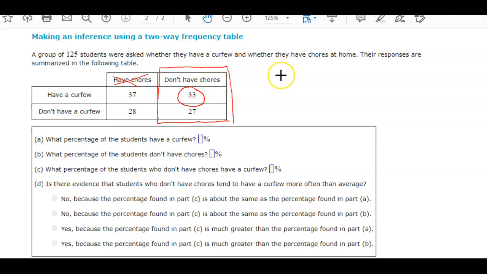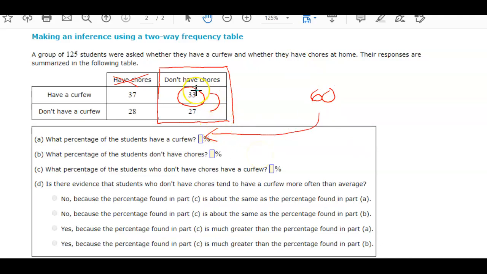So we're going to go ahead and add these up again, and this is going to be 33 plus 27, and that's going to give me 60. So 60 is the total that don't have chores.